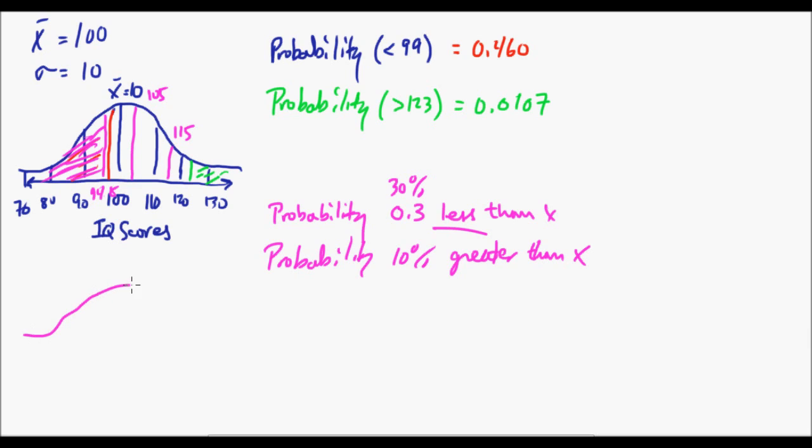Anytime you're using inverse normal, you're finding the area to the left of the x value here. Now they say 10% greater, so it's 10% right here. But we want to find this. So that's the only trick. You just have to do 100 minus 10, which is 90%.